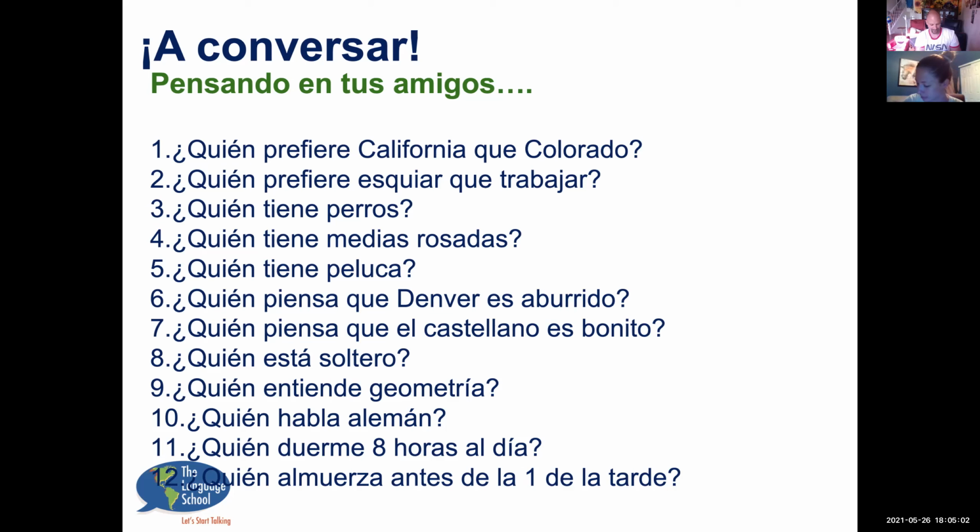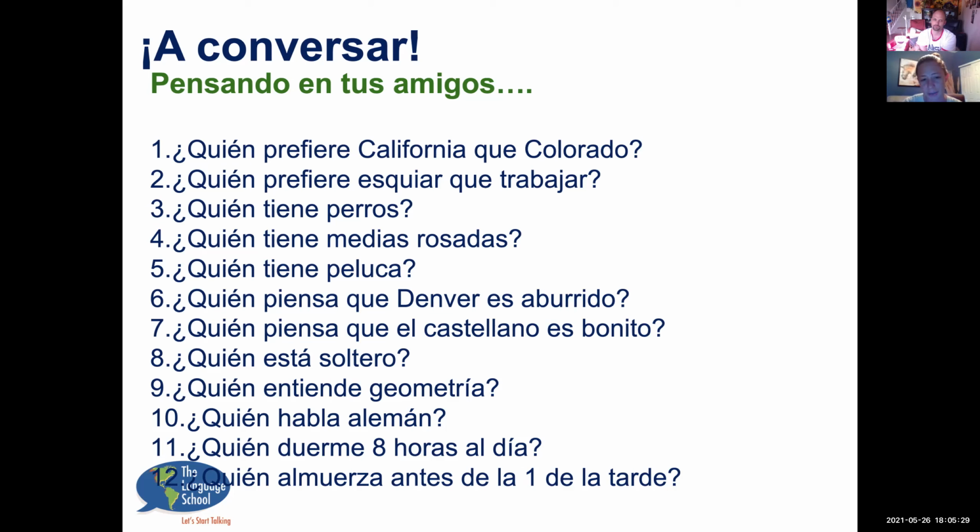¿Quién tiene peluca? ¿Qué significa peluca? A wig. Oh. Nadie tiene peluca. ¿Quién piensa que Denver es aburrido?